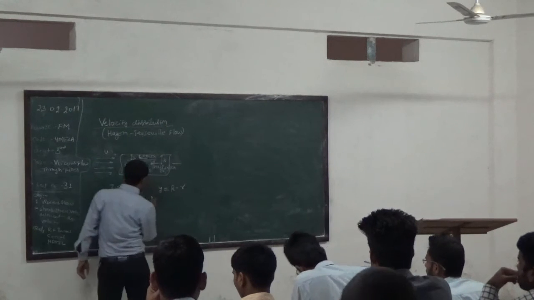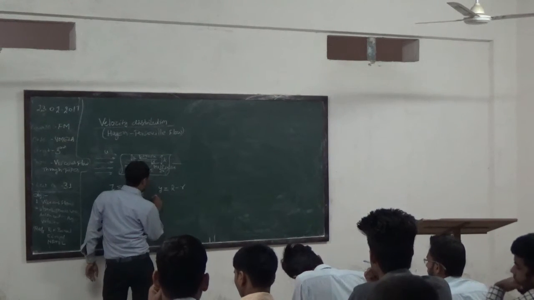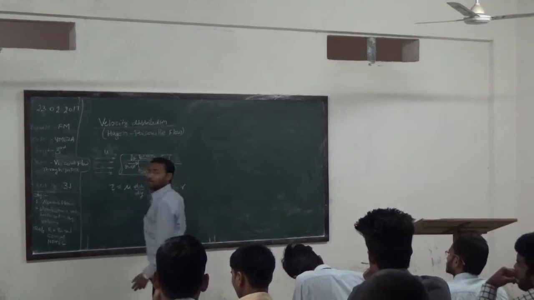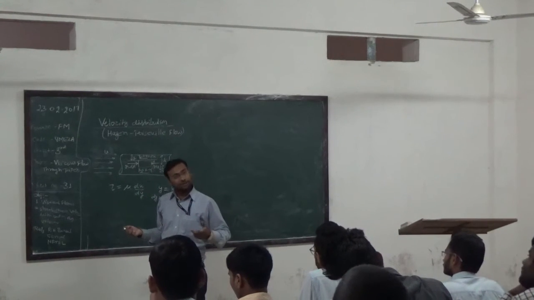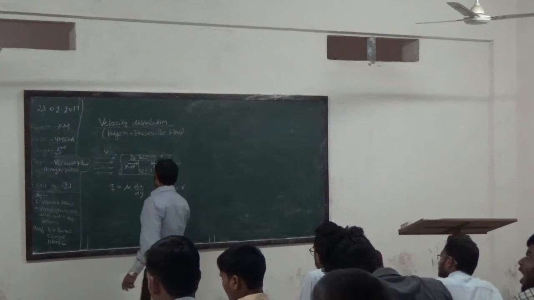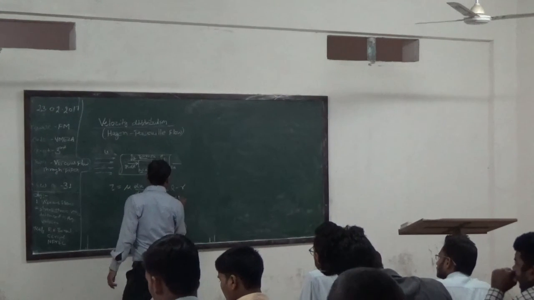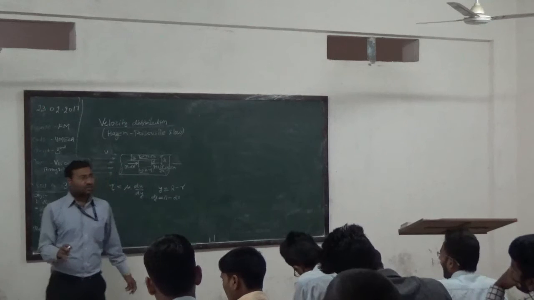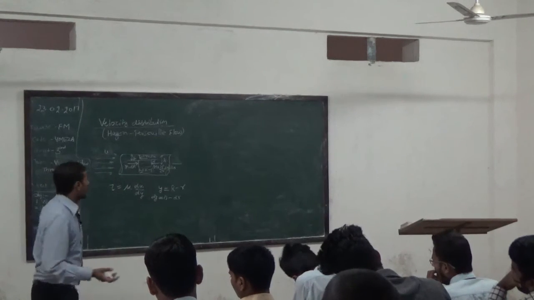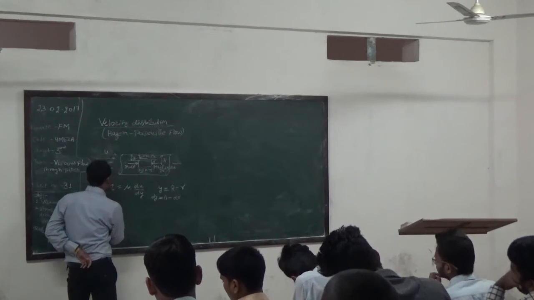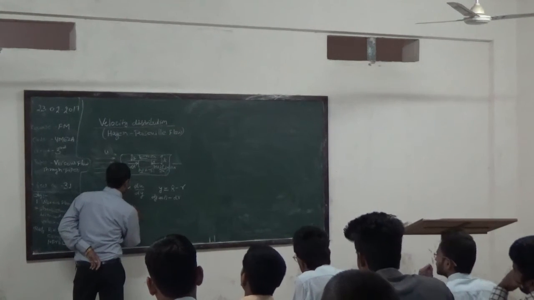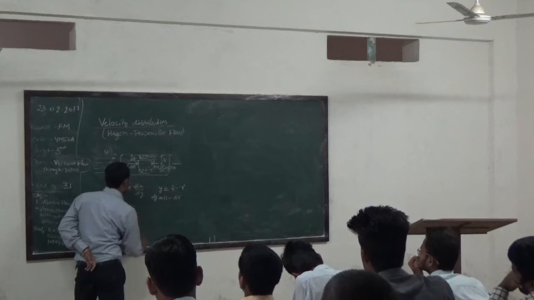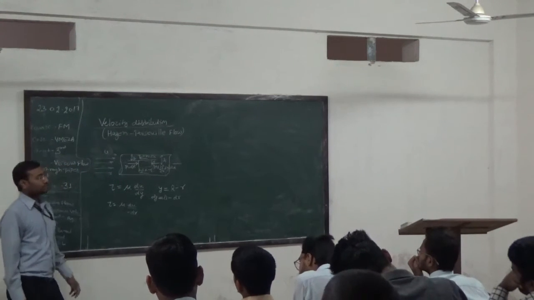After differentiation, dy is equal to, capital R is a constant because the pipe diameter is constant, so dR is 0, minus dr. So dy is equal to minus dr. Just substitute the value: tau is equal to mu du by minus dr.